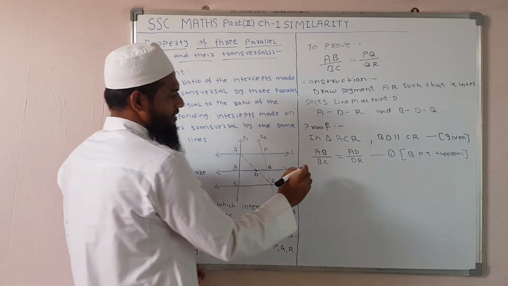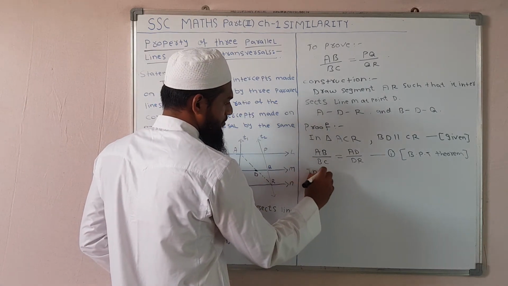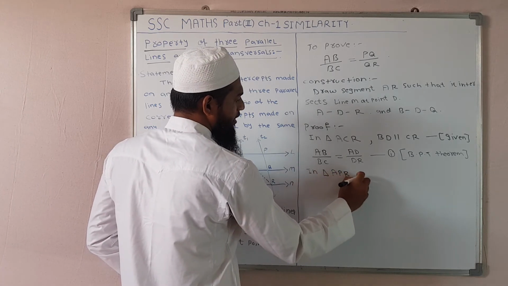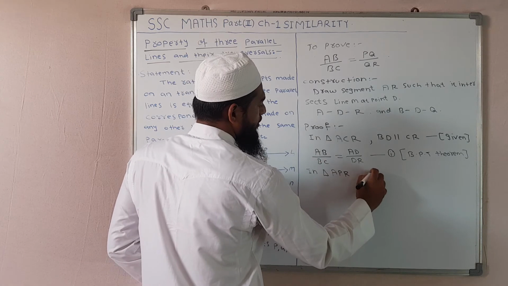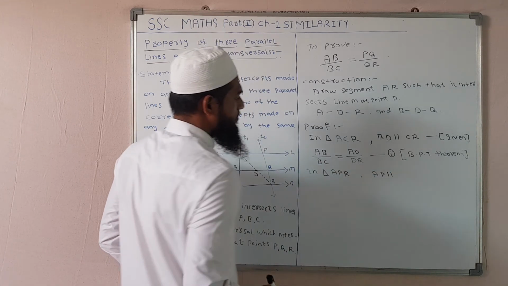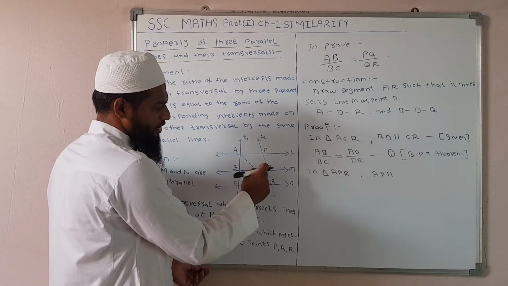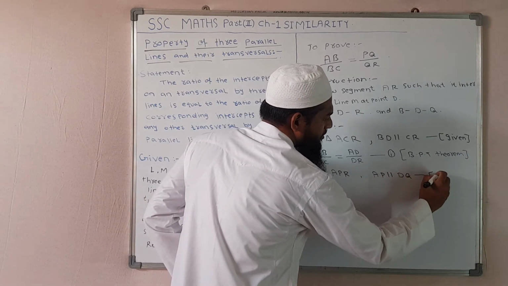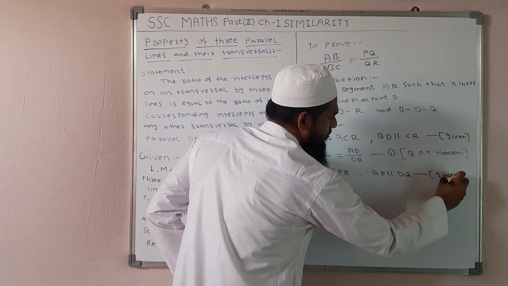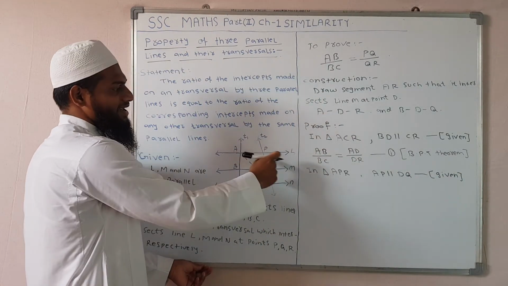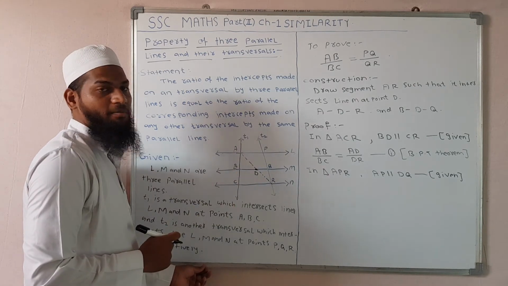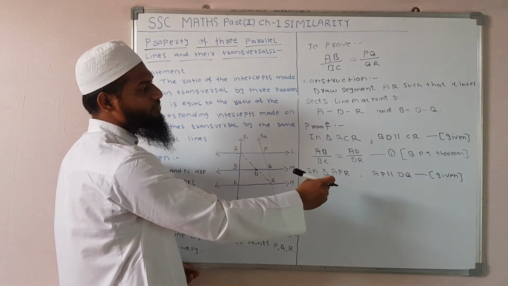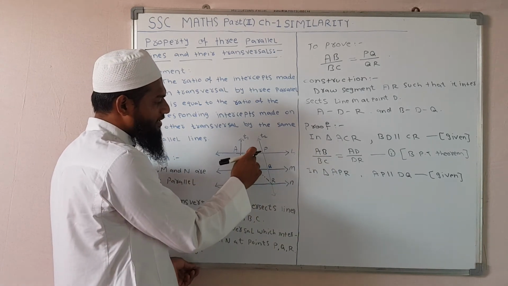Same as in triangle APR, AP is parallel to DQ. What is the reason? This is also given. Lines L, M and N are parallel lines. And same, according to the basic proportionality theorem, what can we write here?